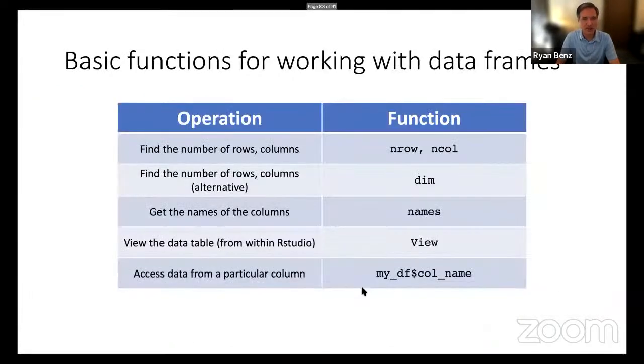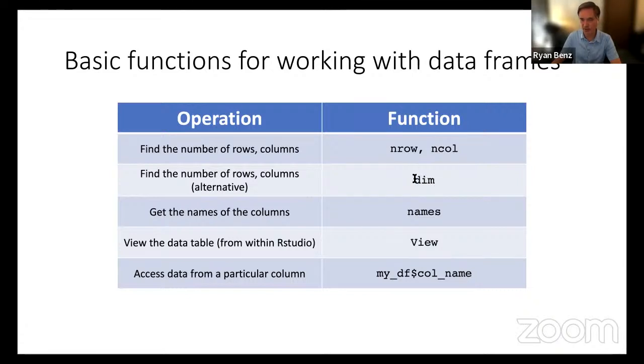Just like we had functions for working with vectors, there are functions we can use to work with data frames to understand more about them. If we want to get the number of rows and columns, we can use the functions nrow and ncol. If we want to get both together in one go, we can use a function called dim, which stands for dimensions.